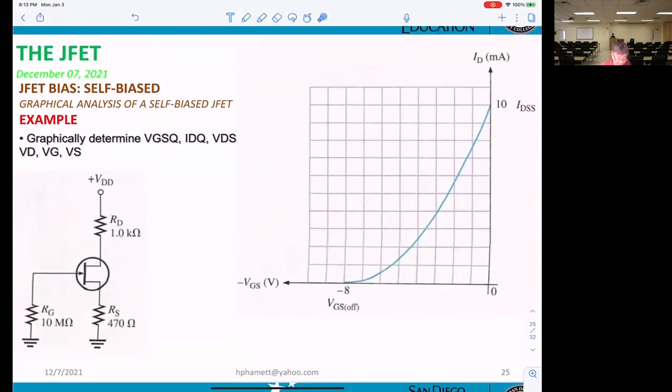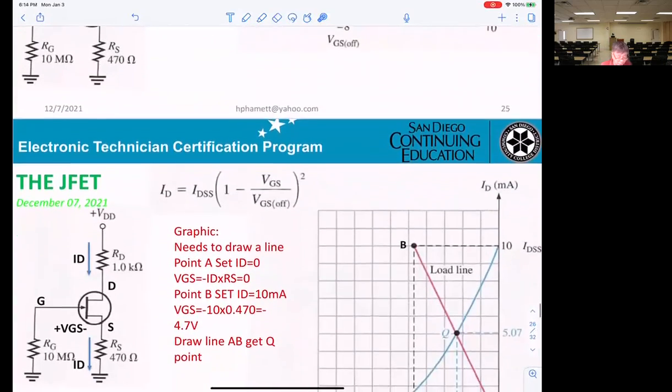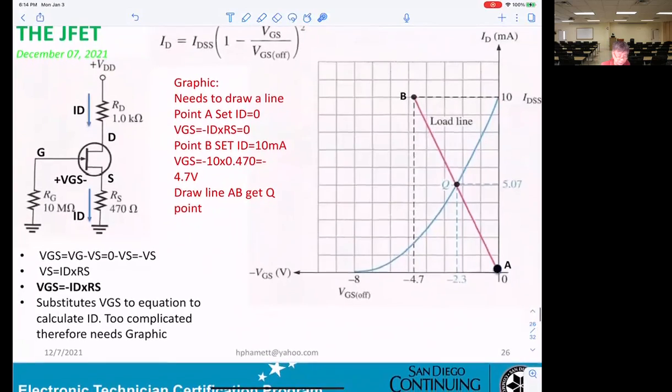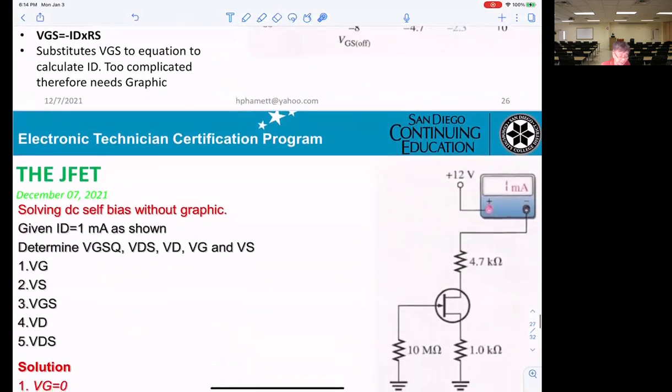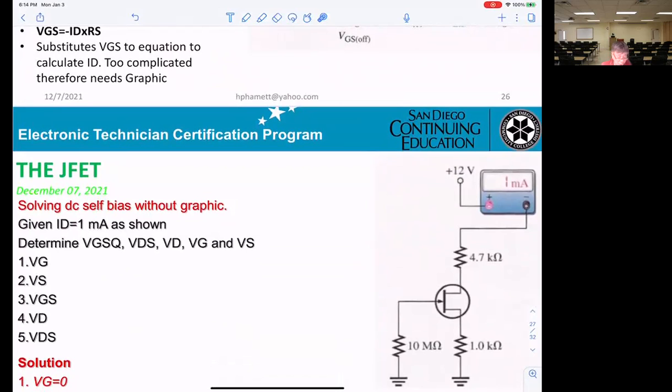And this is basically just an example for you guys to do. Again, make sure you're able to follow the example and try to do it. Okay, now you can see solving DC self bias without graphic. So now they give you this self bias, and now they're not giving you the graphic.